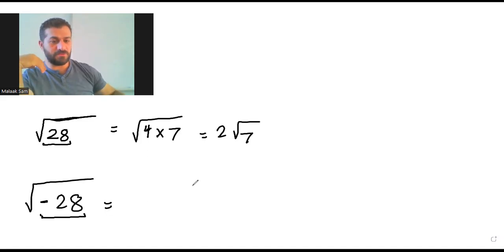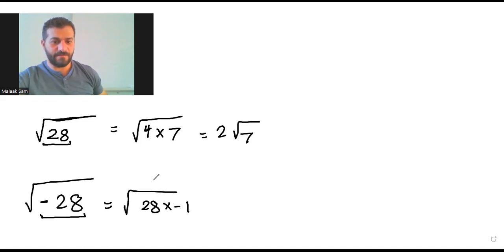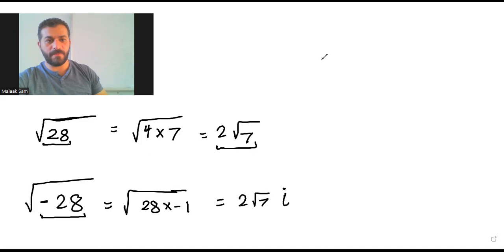But to simplify it and write it as a complex number, we can write it as 28 times negative 1. The square root of 28 is 2 root 7, so it's 2 root 7 times the square root of negative 1. And instead of writing the square root of negative 1, we write i directly. So it's 2 root 7 i.